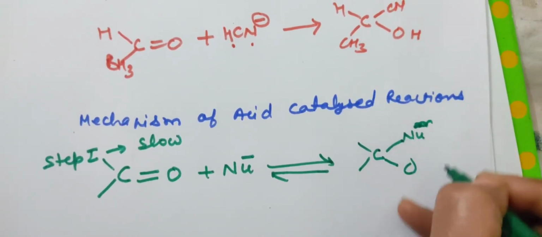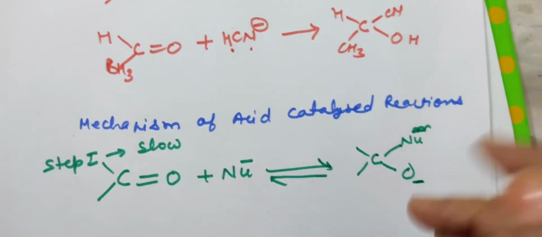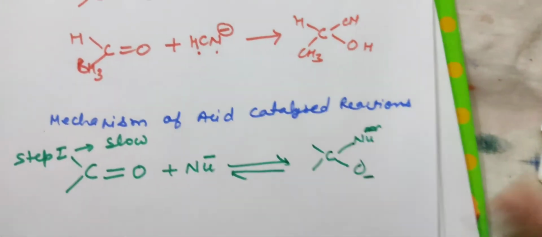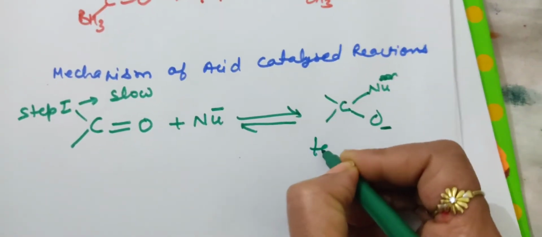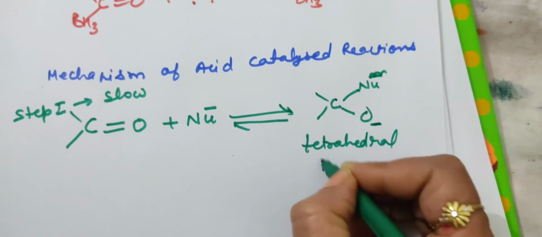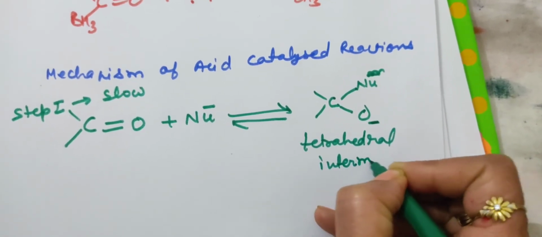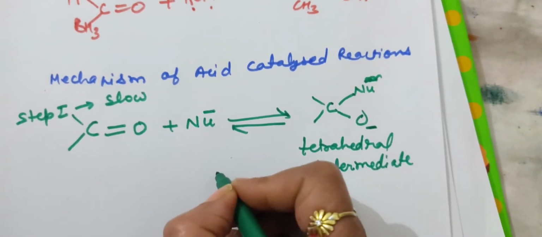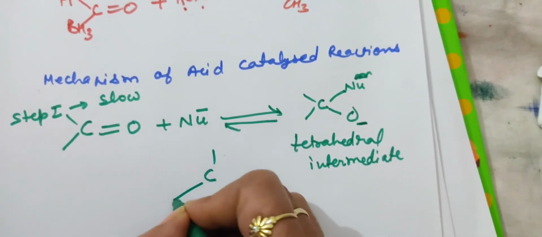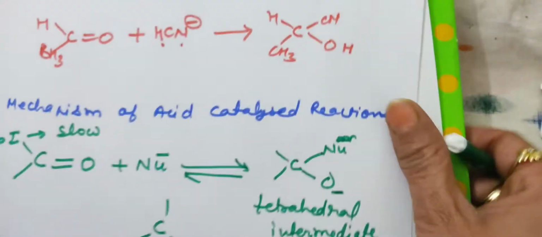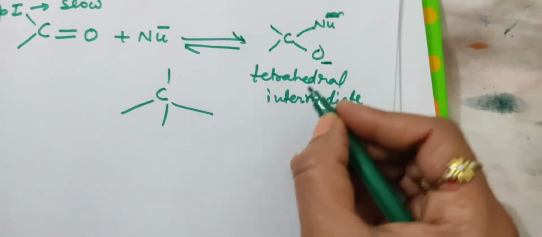This is not negatively charged, this is negatively charged. Here we see a tetrahedral intermediate. If you want to see the tetrahedral shape of it, it will be like that, but I have not drawn it like that.